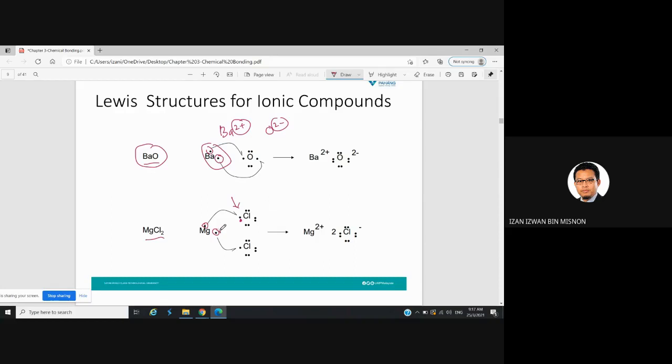So 1 more electron needs to go to another atom. That's why it requires 2 atoms of chlorine to complete the octet of magnesium 2+. Okay. So in this case, we have Mg2+ and 2 chlorine atoms. Since the charges are not equal, finally we will have magnesium chloride, MgCl2.